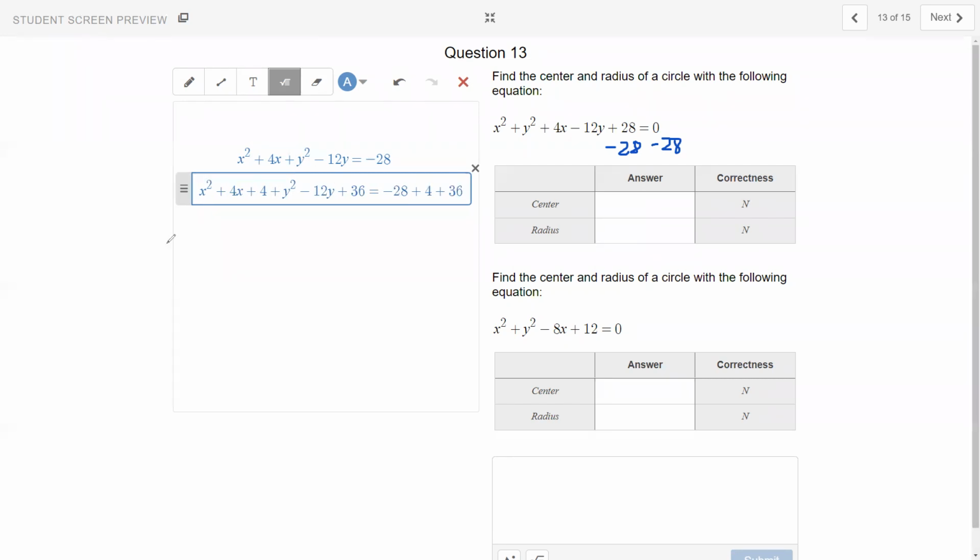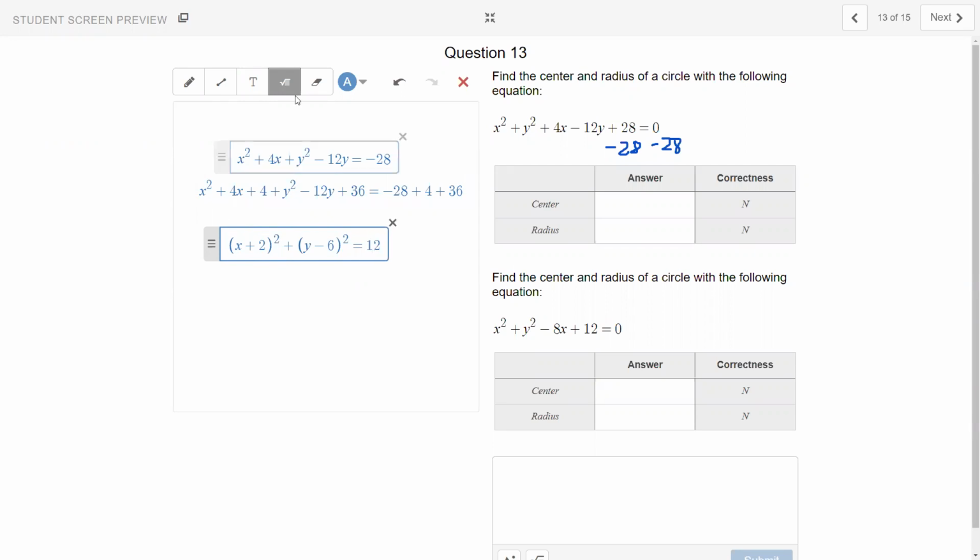Okay, now we can factor our perfect squares. Looking at the first three terms, x squared plus 4x plus 4 becomes x plus 2 squared. Plus, for the y, negative 12 divided by 2 is negative 6, so this should be y minus 6 squared. And that equals negative 28 plus 4 plus 36, which gives us 12.